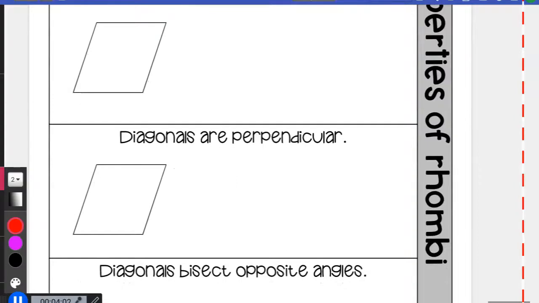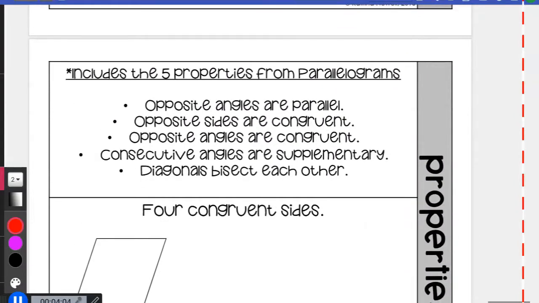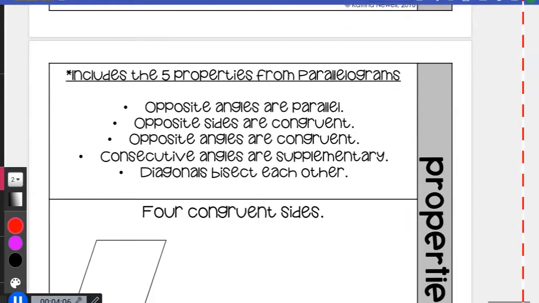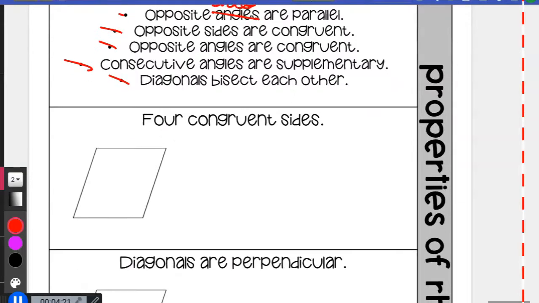Then we go into rhombuses. So these start with the 5 things about parallelograms: opposite sides parallel, opposite sides congruent, opposite angles congruent, consecutive angles, and diagonals. Those still apply because rhombi are parallelograms with 4 congruent sides.